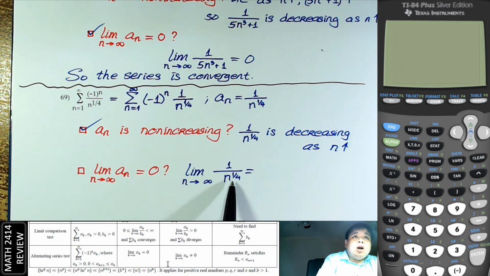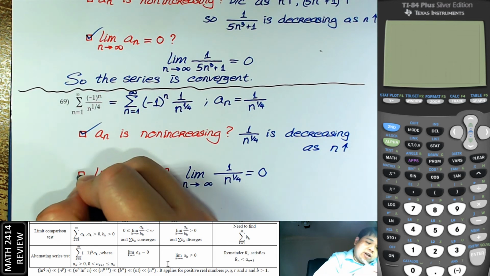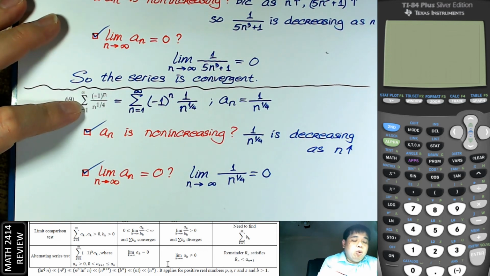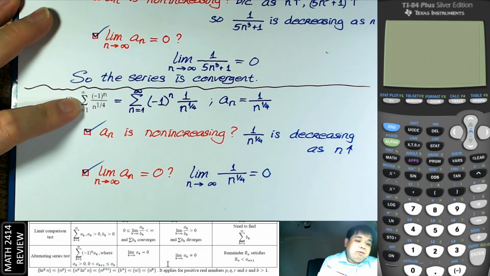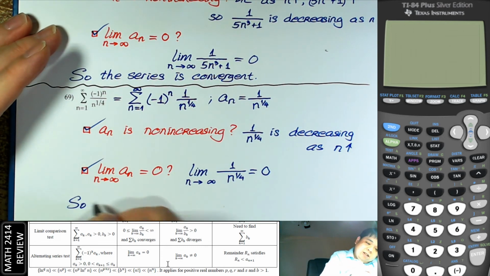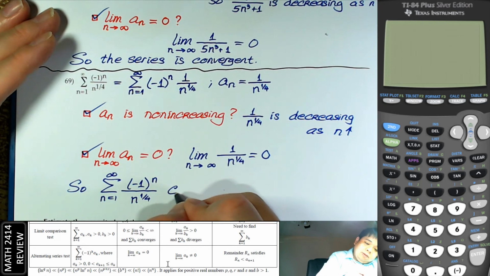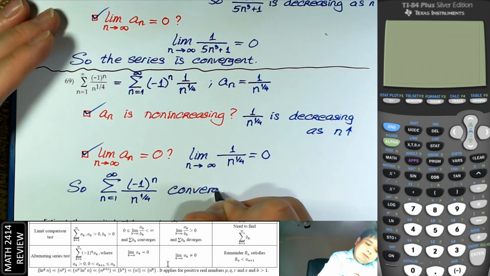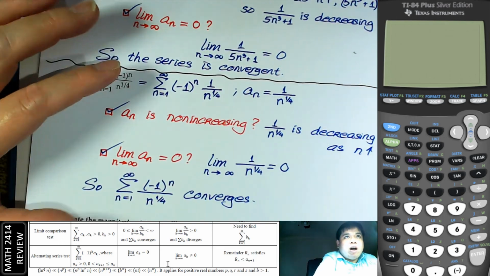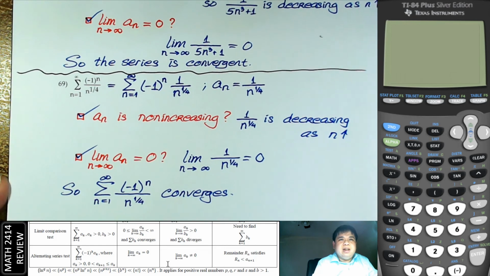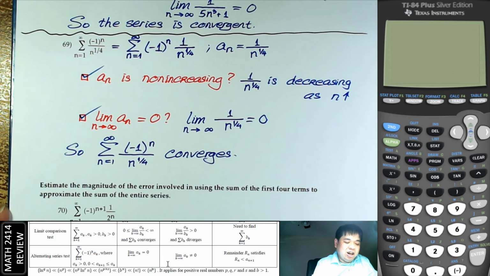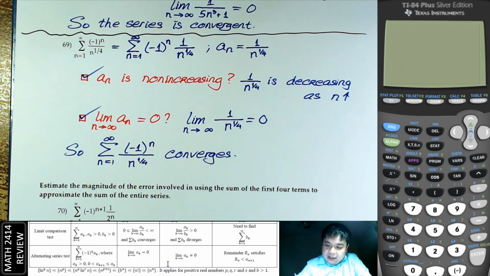The bottom goes to infinity, finite over infinity is 0. So that checks. So both of them check. The original series converges. Sometimes I write "is convergent" or "converges." It doesn't matter, that's a different way of saying it. It's just the English language, right? But that's that.